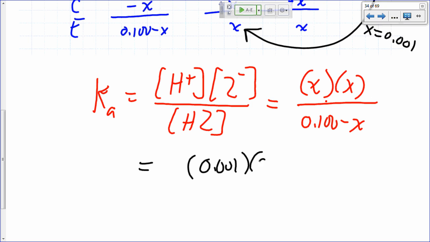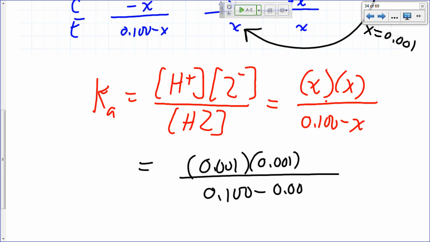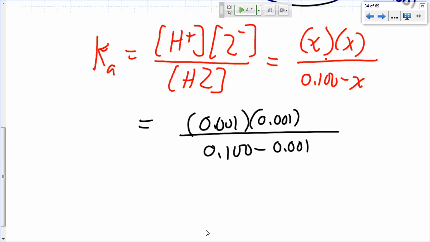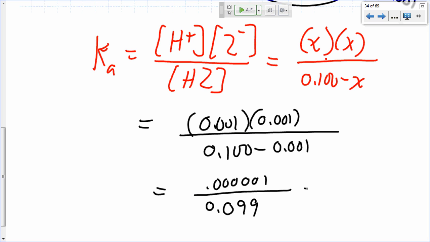How do I solve for Ka? 0.001 times 0.001 over 0.100 minus 0.001. And that gives me 0.000001 over 0.099, right?